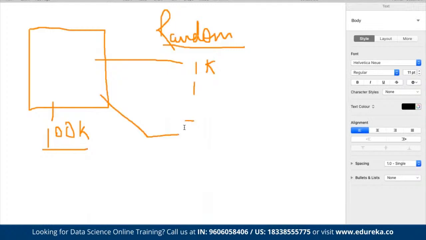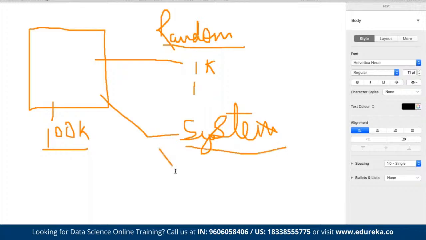Suppose in systematic sampling, we simply divided the entire sample. Suppose we have a population of 100,000, right? So in systematic, we divided them on the basis of gender, male and female, right?